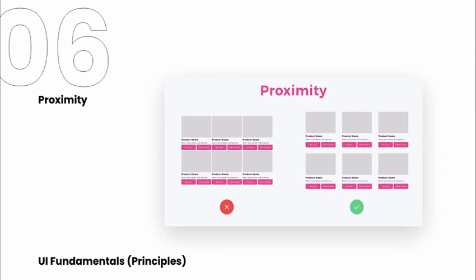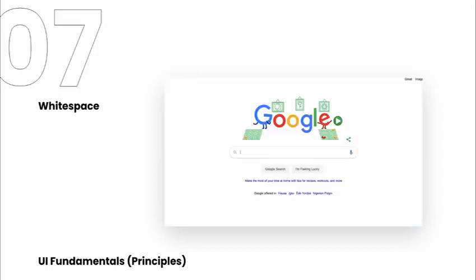Whereas on the right, we have the placeholder for the image, then the text boxes that state the name of the product, then buttons to signify if we want to buy or save for later, and all of that is grouped into one element. Then we have proper spacing, proper proximity to indicate that this is one element and the other is another element. So this is what proximity does for your design.